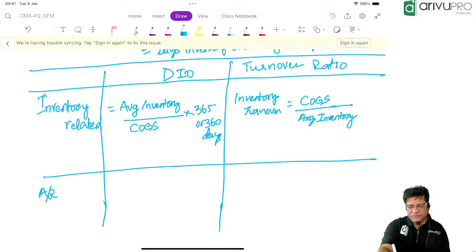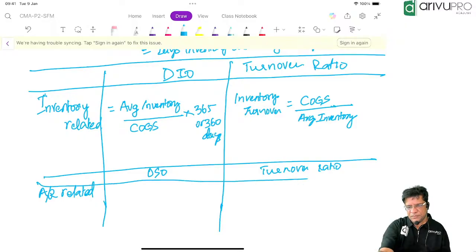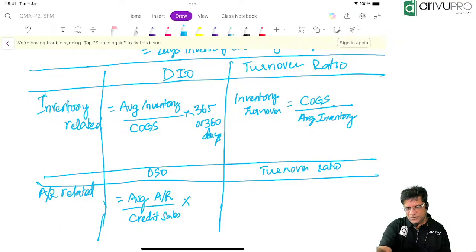Now, AR related: DSO, turnover. DSO is equal to average AR divided by credit sales into 365 or 360 days.